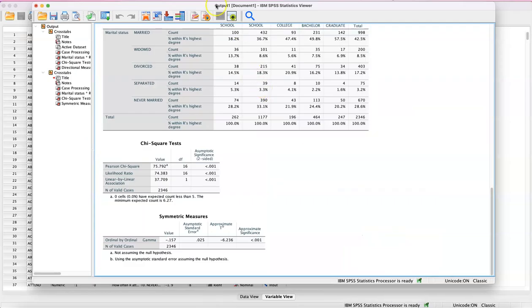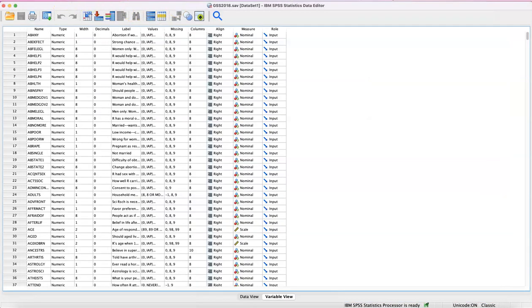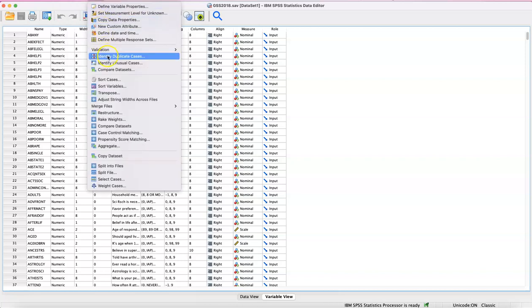You may or may not remember, but you can go to Transform, Recode into Different Variables. Let me double check.